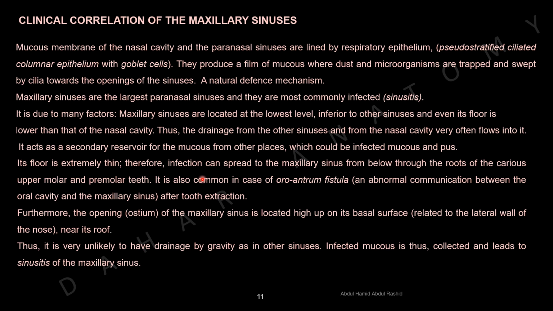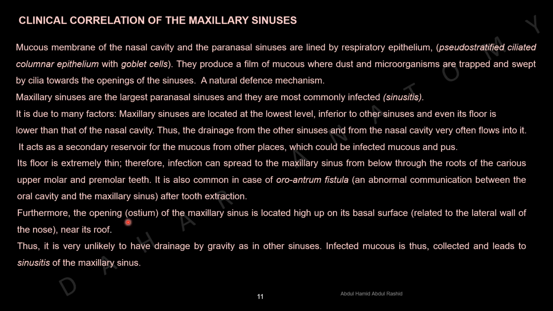Therefore, infection can spread to the maxillary sinuses from below through the roots of the carious upper molar and premolar teeth. It is also common in cases of oroantral fistula, that is an abnormal communication between the oral cavity and the maxillary sinus after tooth extraction.